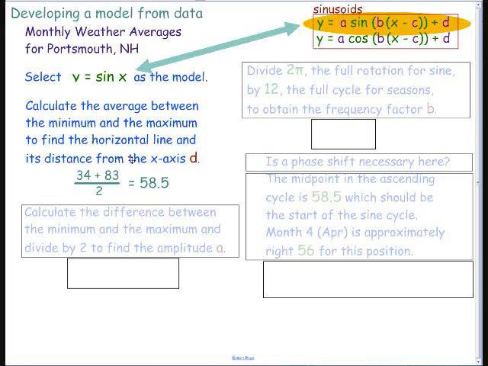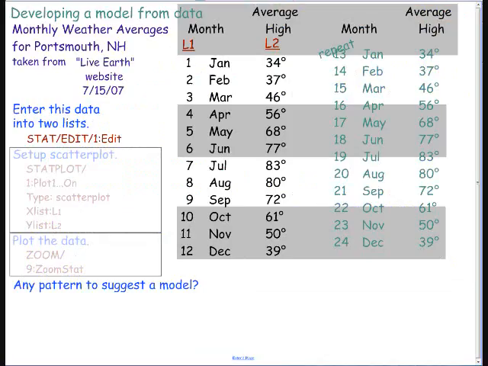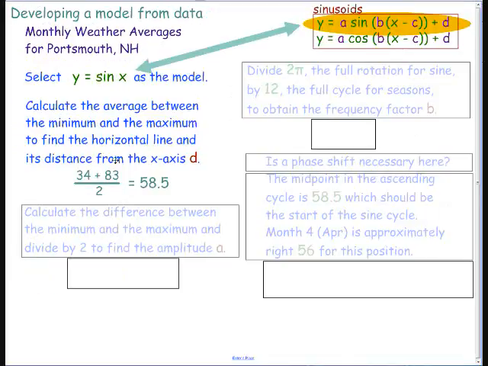In order to figure out where the central axis is, I'm going to look at the minimum value and the maximum value and find what would be midway between. My minimum value occurs in January, it's 34. My maximum value occurs in July at 83. So I add those together, divide them in half, and I have the central axis for this model.